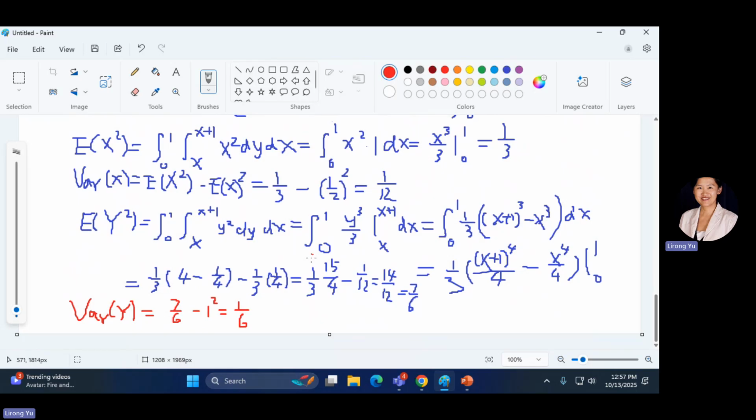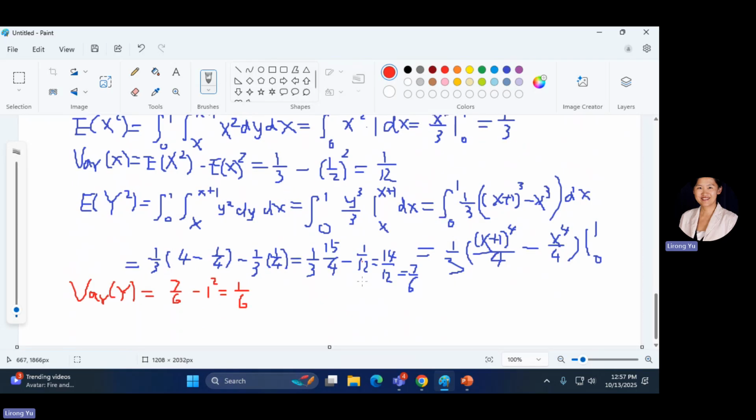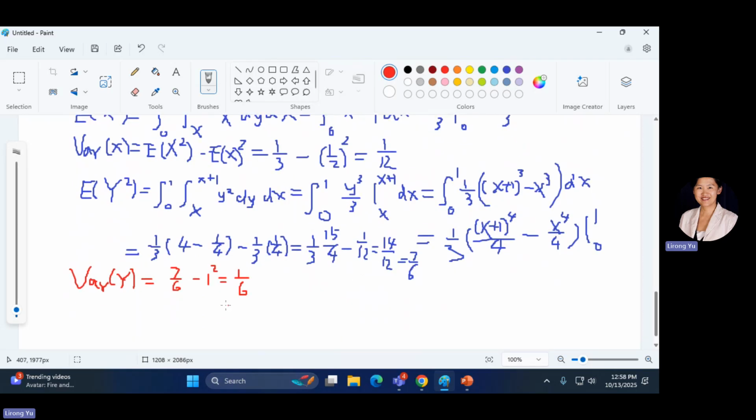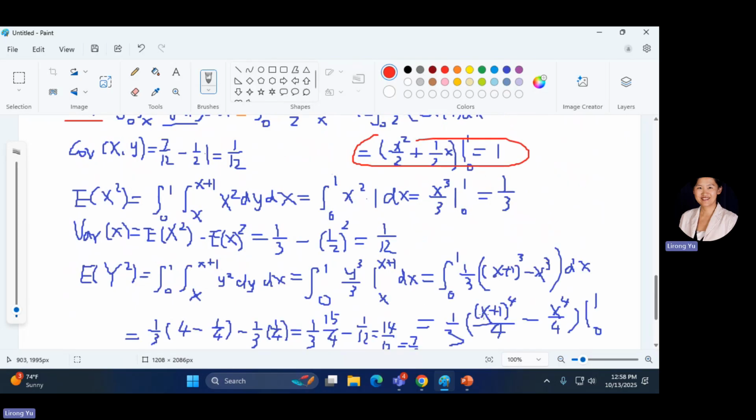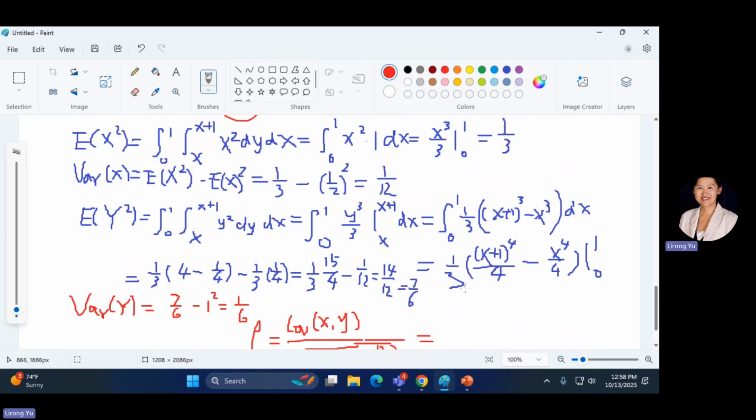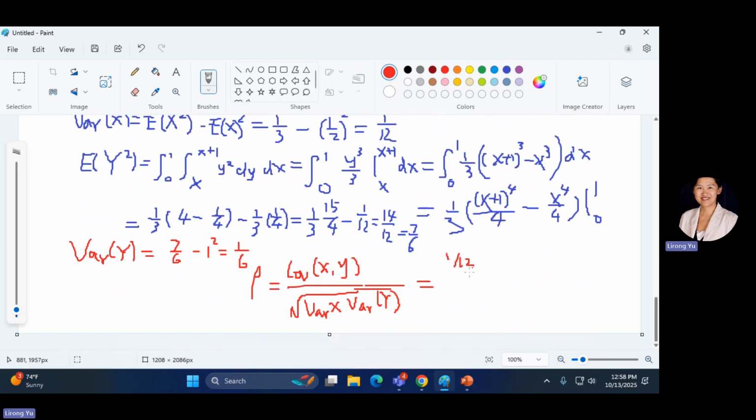Okay, so now we're ready for the calculation of correlation. The correlation, this is notation, is equal to the covariance of x and y divided by the root of the variance of x times the variance of y. The numerator we already found, the covariance, was 1/12. So the numerator is 1/12.